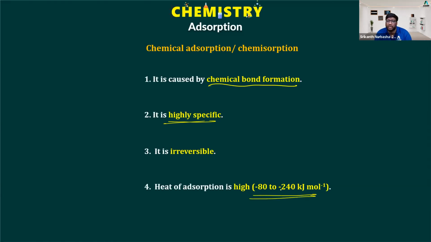Why? Because adsorption involves the cleavage of bonds and the development of a new bond. New bond formation stabilizes the system greatly, so the energy decreases greatly. The new bond formed between the adsorbent and adsorbate is stronger, and thereby the amount of energy lost will be high.